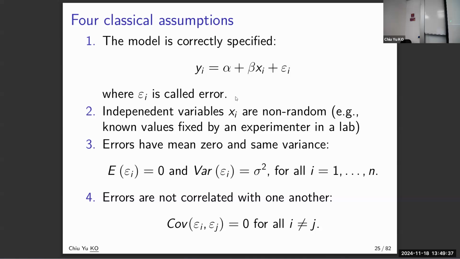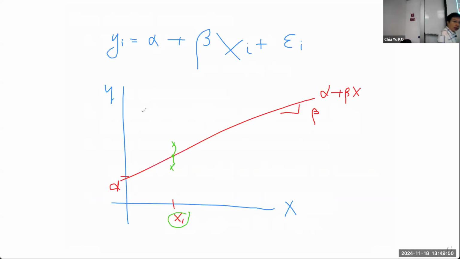There are ways to dispense with that. If you are willing to assume the central limit theorem, then the error should be a bell curve. So assumption 3 simply means the following.